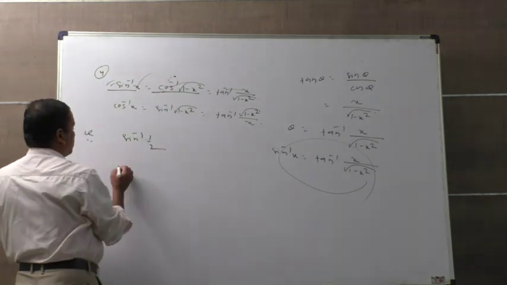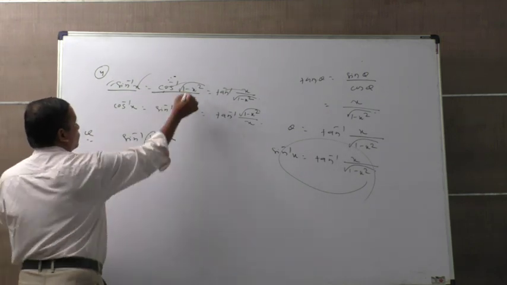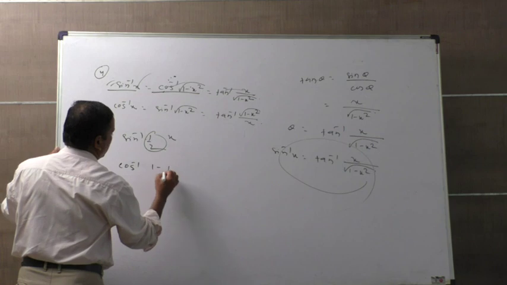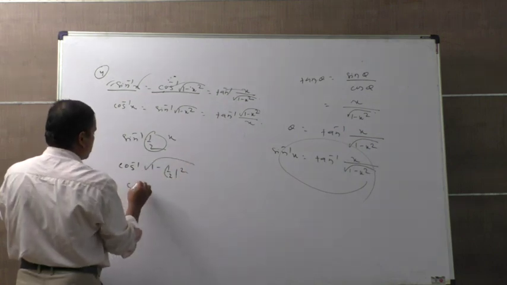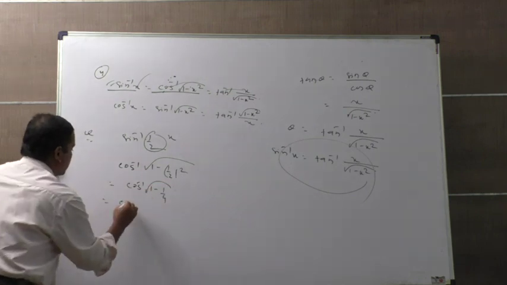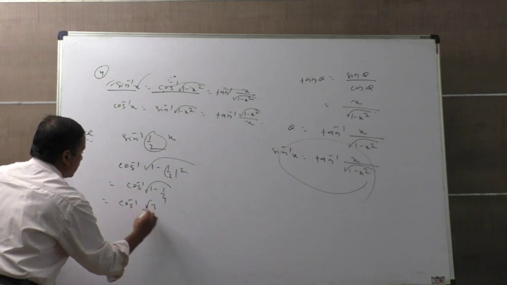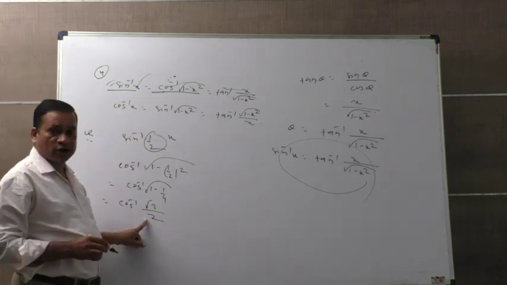Use this formula, that is cos inverse. Here x is 1 by 2. Put here root of 1 minus 1 by 2 whole square. That is cos inverse root of 1 minus 1 by 4. That is cos inverse root 3 by 2. So sin inverse 1 by 2 is equal to cos inverse root 3 by 2.